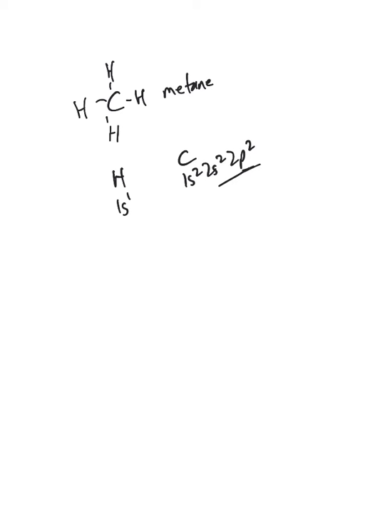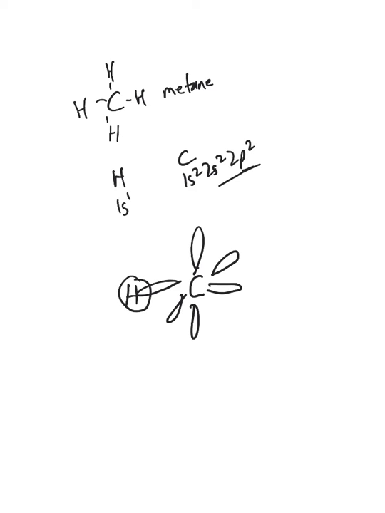And so for that overlap, we've got carbon, and we've got this trio of 2p orbitals that we want to somehow overlap with hydrogens.